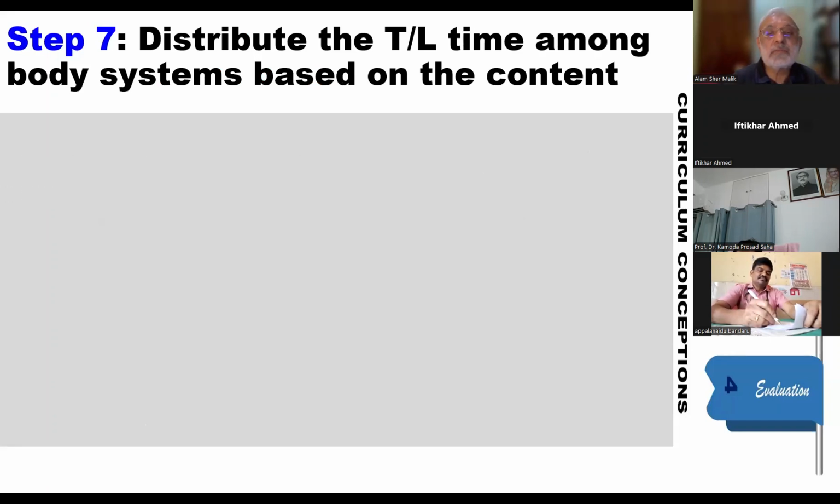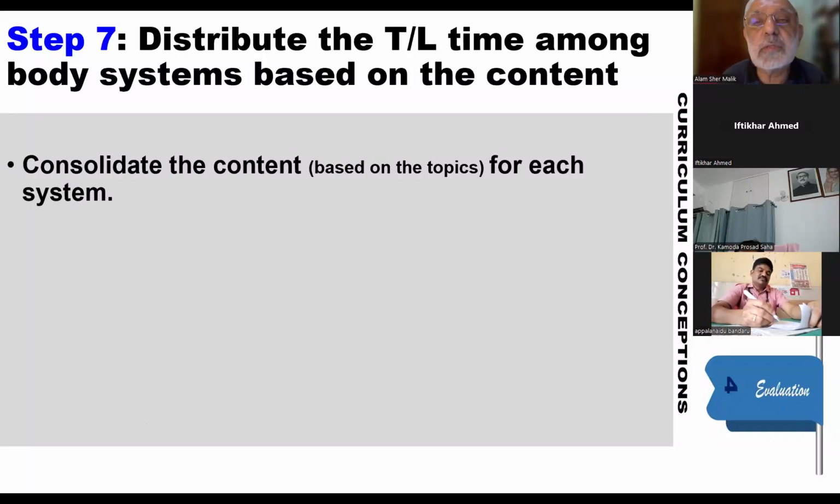So once we have done that, we have identified the content and validated the content. Now we have to distribute the teaching learning time among body systems based on the content.